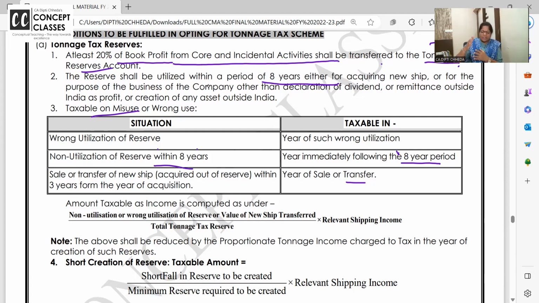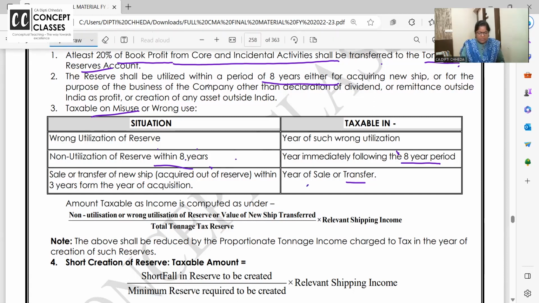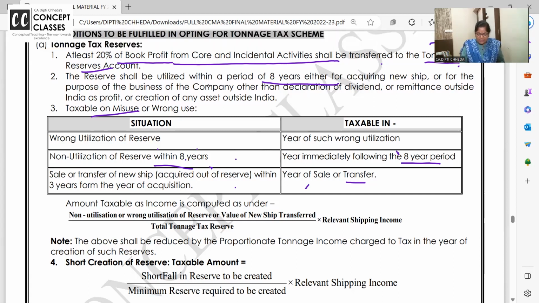Once you transfer to the tonnage tax reserve, within 8 years you can purchase another ship. For that only you can use. But if you didn't purchase the ship, non-utilization, or you purchased and sold it within 3 years, or you didn't utilize the reserve, it will become taxable.